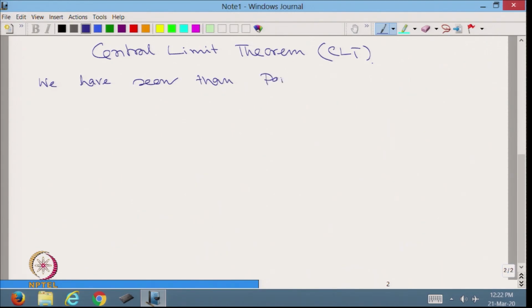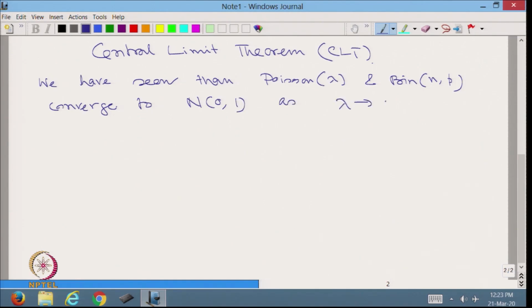We have already seen Poisson with parameter lambda and binomial n, p converge to normal 0, 1 as lambda goes to infinity or n goes to infinity in the above cases respectively.